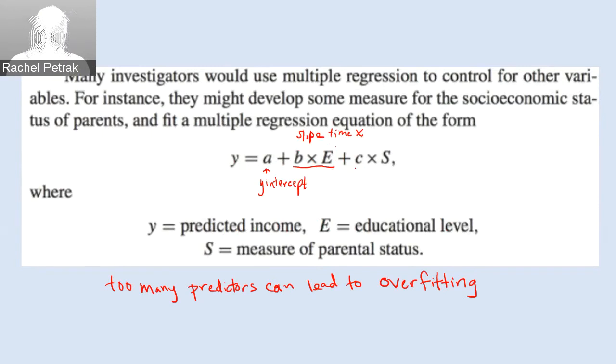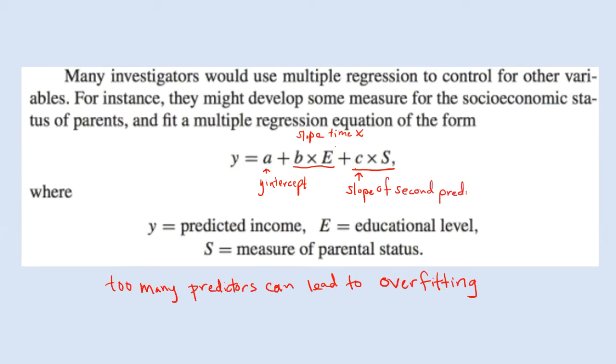And so they added in this additional term here where we have C. Well, C is just telling us this is the slope for the second predictor variable. And S is just the value for the second predictor. It's a representative of the measure of parental status.